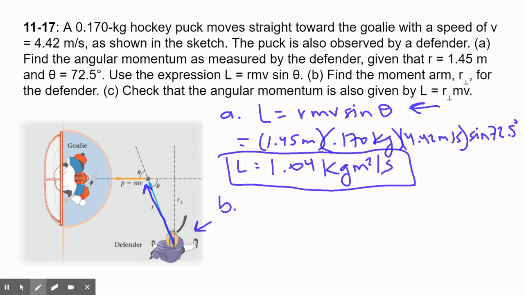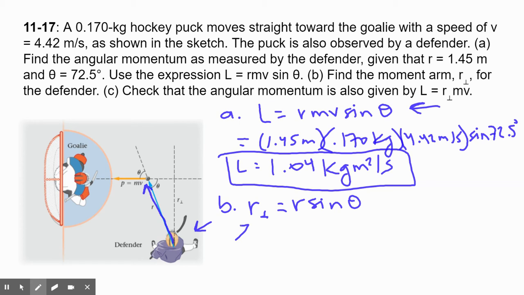So take a look at that equation sheet yet again, and we want to find the moment arm for the defender. Remember that the defender is viewing this puck from an angle, so we have to incorporate that. Well, the equation for that is right here.